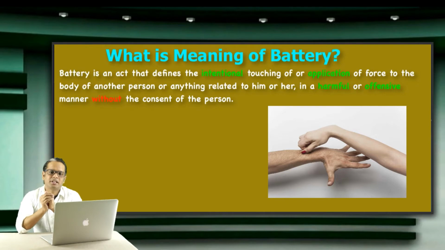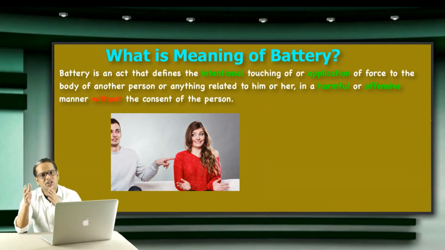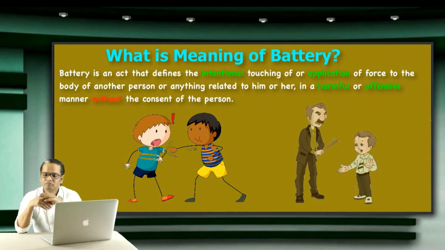However, at this point we need to understand something else in order to understand battery. As defined in the definition, touching is required, but not always essentially. It may be direct or indirect. Direct, you hit someone with your hand or with something in your hand like a stick.